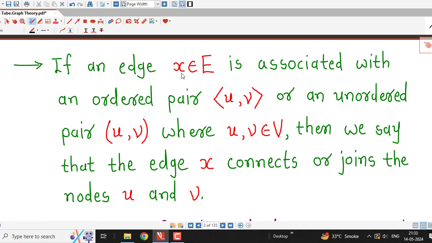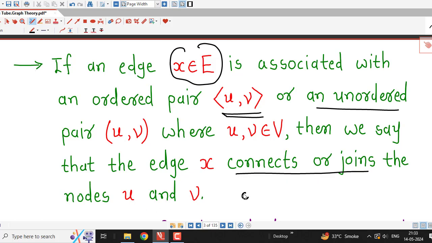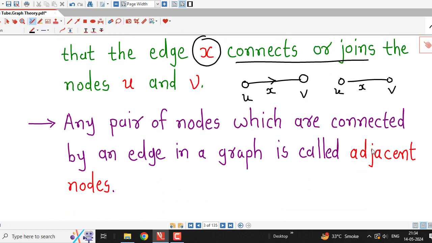Here we have written that if an edge X belonging to E is associated with an ordered pair or an unordered pair (U, V) where U, V belong to V, then we say that the edge X connects or joins the nodes U and V. That means if I have two vertices and a line or edge joining U and V, either directed or undirected, then in the language of graph theory we say that this edge X joins the vertices U and V. Any pair of nodes which are connected by an edge in a graph is called adjacent nodes.